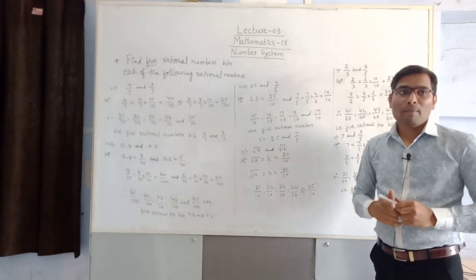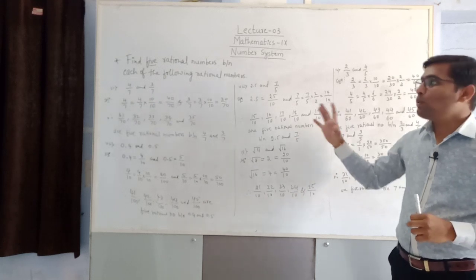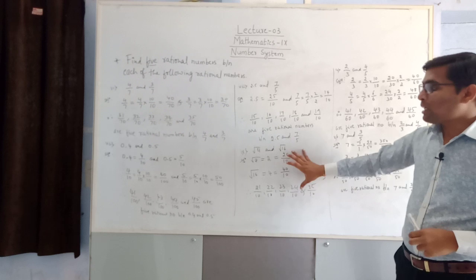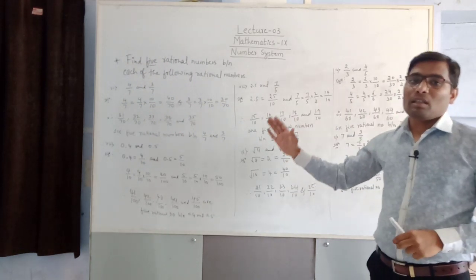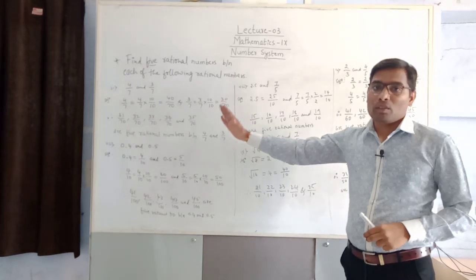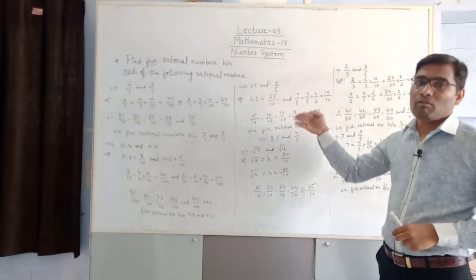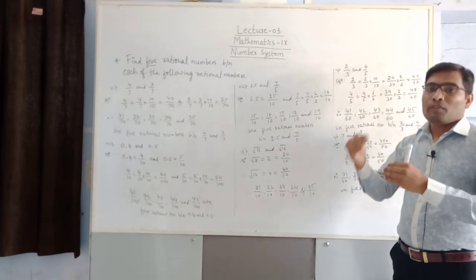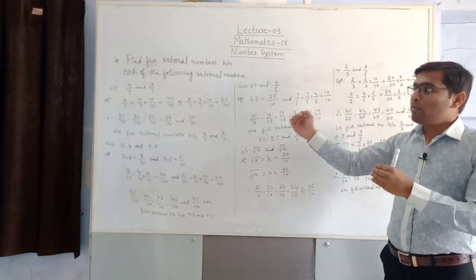So this is finding rational numbers between two given rational numbers. In this one we have discussed 9 different kinds of problems. The first is when both are positive integers, second both are negative integers, third one is positive and one is negative integer, then both are fractions with different denominators and fractions with the same denominators.